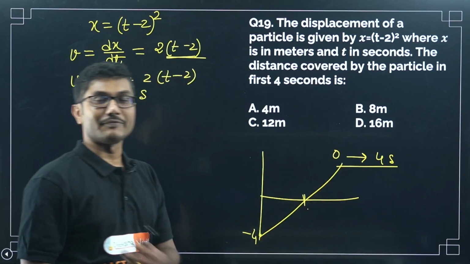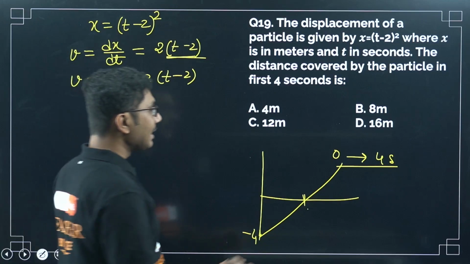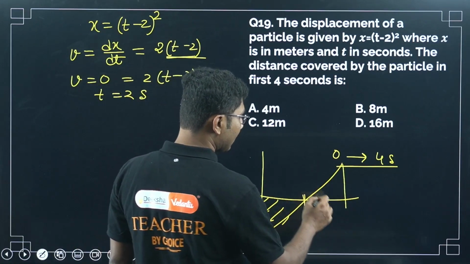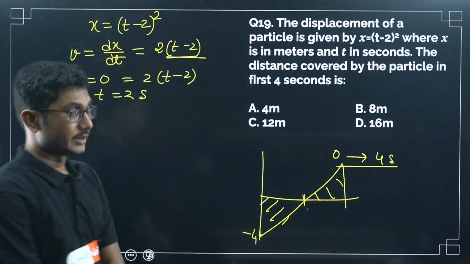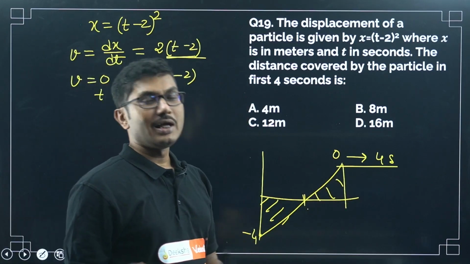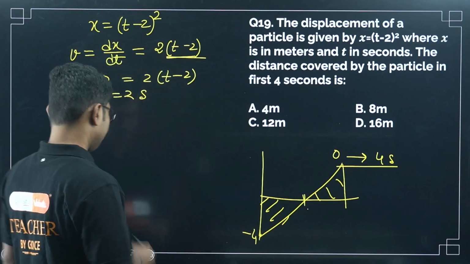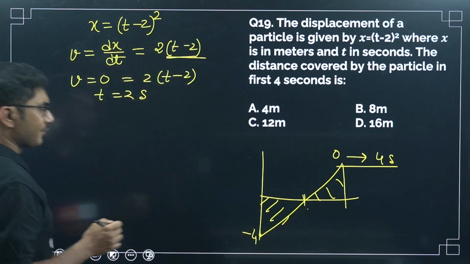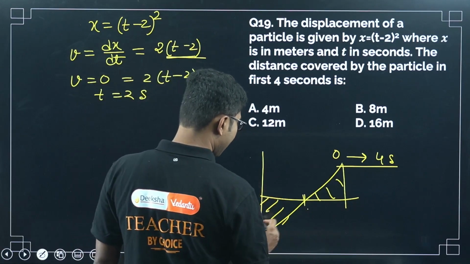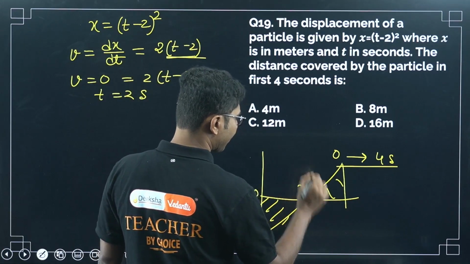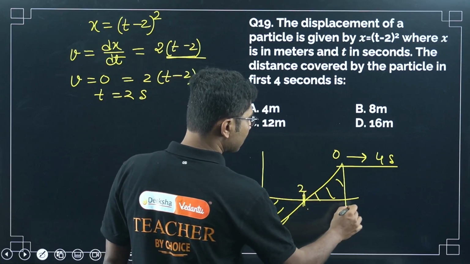Now if you find the displacement by the normal method, you will find the displacement to be negative in one part and positive in the other. So distance covered you cannot calculate using the normal method. What you have to do is find the displacement in two halves. First calculate the displacement for t equals 0 to 2 seconds, then from 2 seconds to 4 seconds.